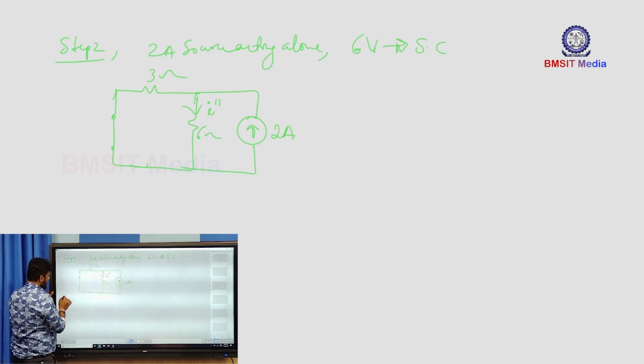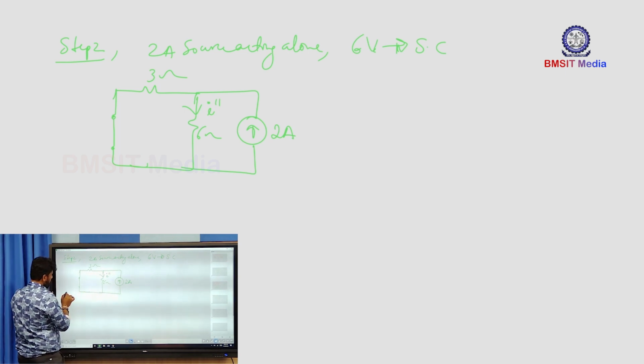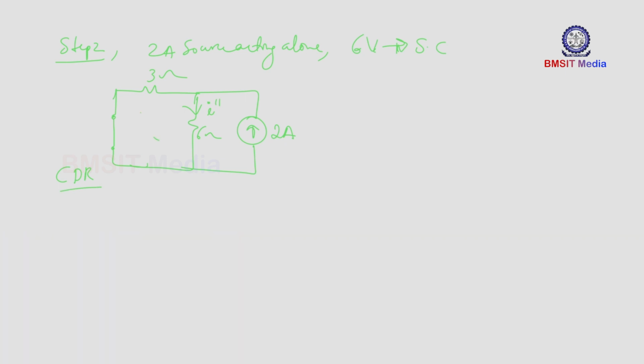Now find out what is I double dash here. To find out I double dash, look here. I can just use a simple current divider rule, since the 2 resistors are connected in parallel with the 2 ampere current source.